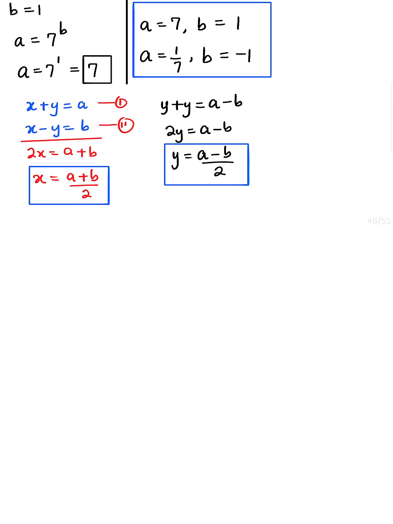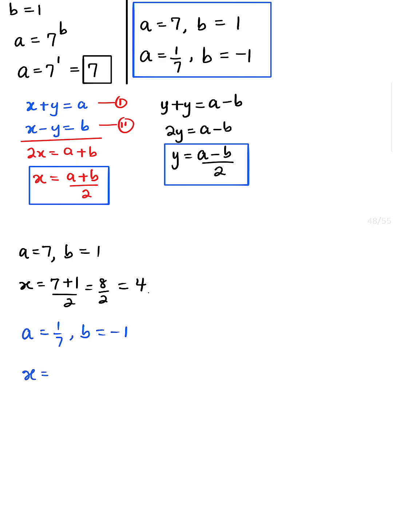So let's solve for x when a equals 7 and b equals 1. Here we have x equals 7 plus 1 all over 2, which gives us 8 over 2, giving us 4. Let's also solve for x when a equals 1 over 7 and b equals -1. So x becomes 1 over 7 minus 1, all over 2. This gives us 1 minus 7 all over 7, all over 2.